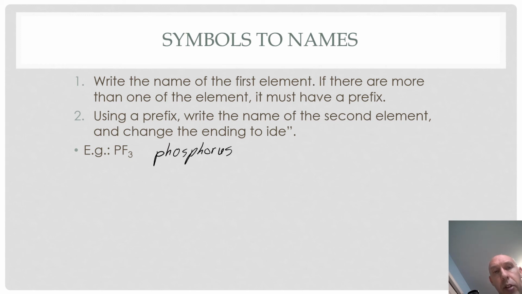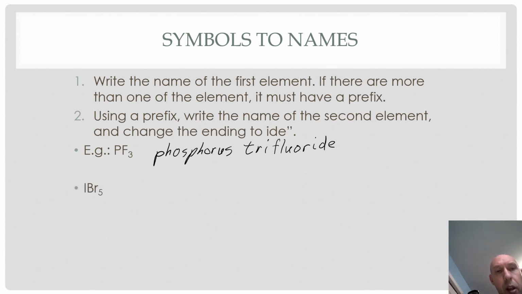Now I have to look at the subscript. The subscript is a 3, so that means tri. And the element is fluorine, so FLUOR. There's no flour in fluorine. And then the ending changes from INE to IDE. So phosphorus trifluoride.